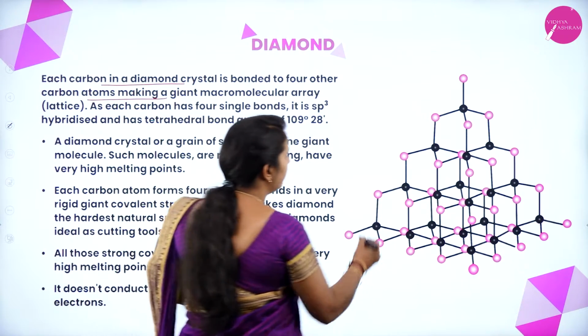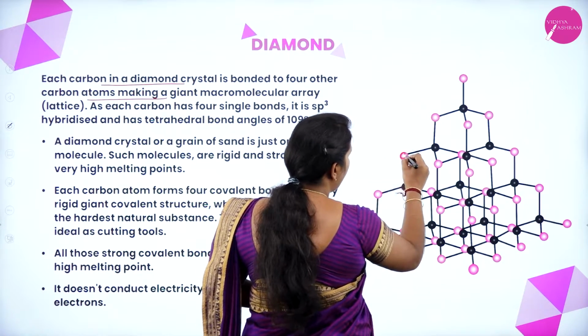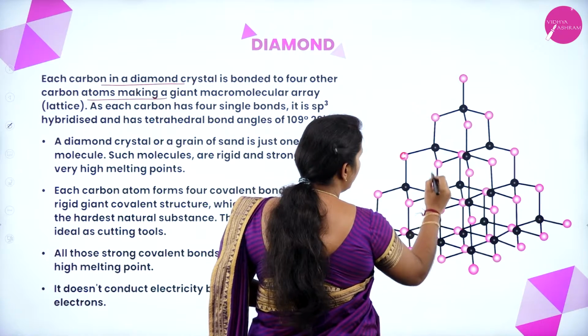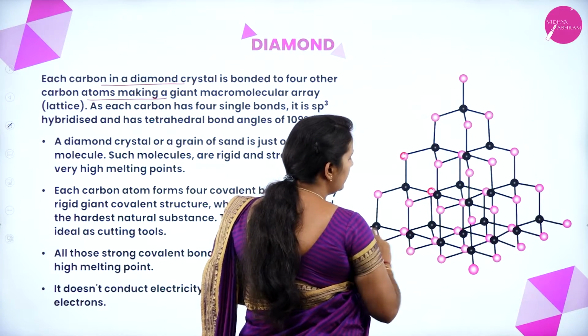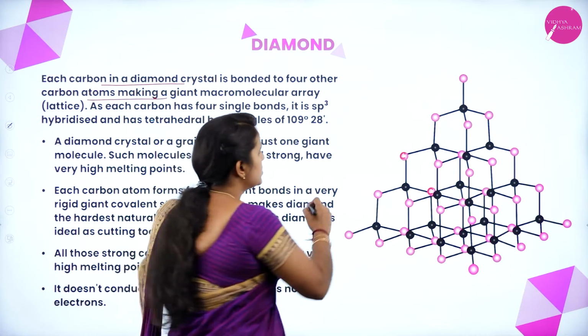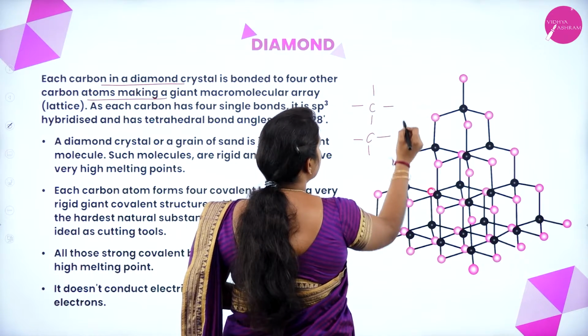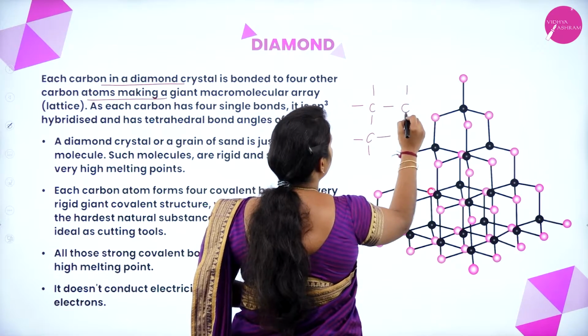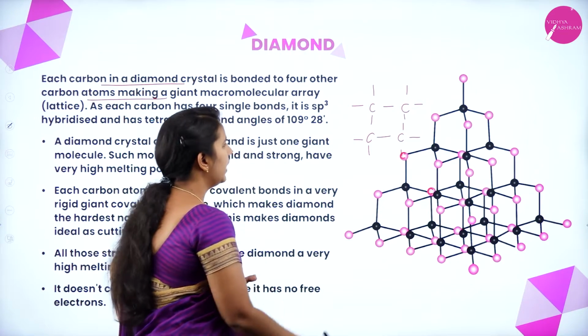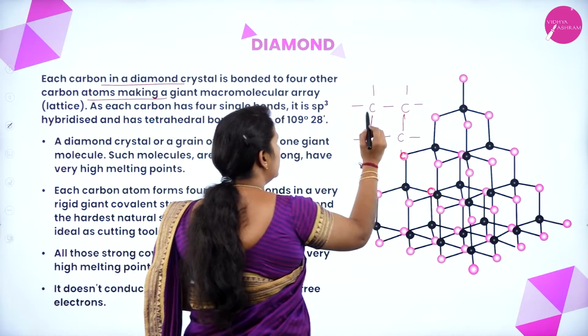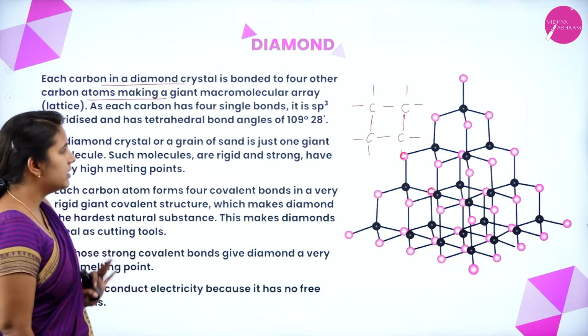If you see that, imagine this is the carbon atom. Each carbon atom has been bonded with the other 4 carbon atoms. So this is the first carbon atom. Like that, each carbon atom is bonded together and it is seen in the diamond structure.